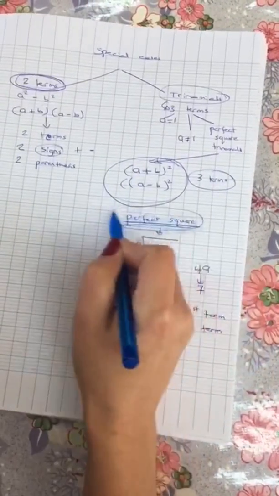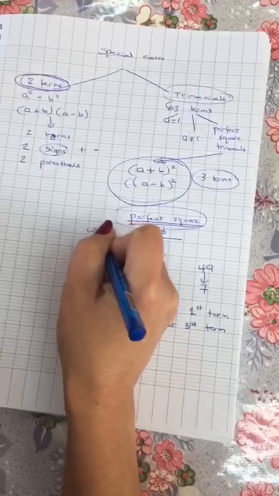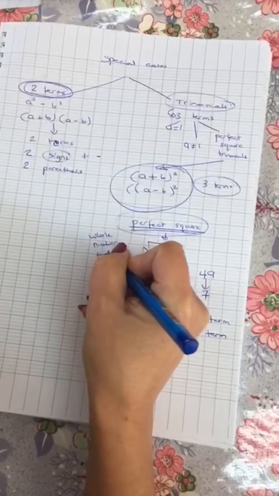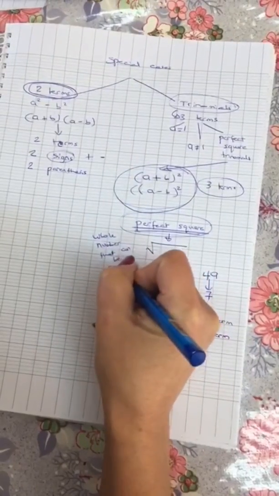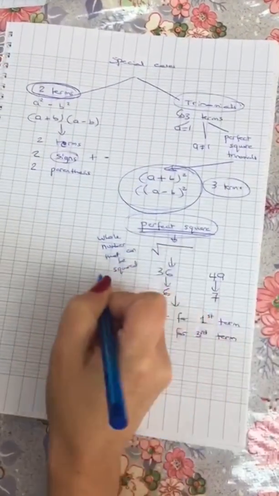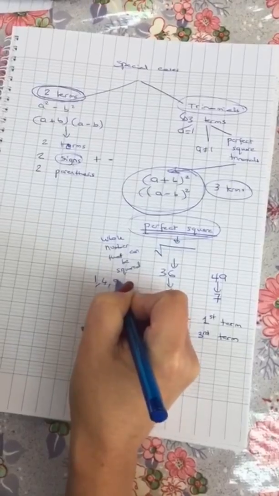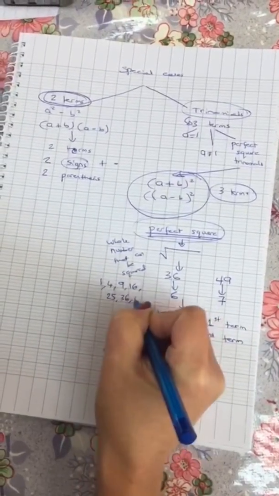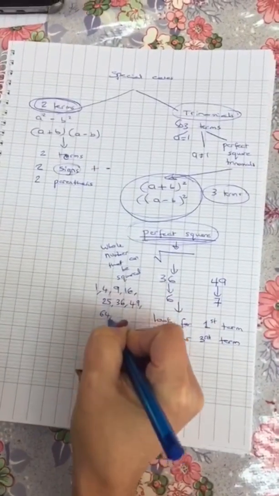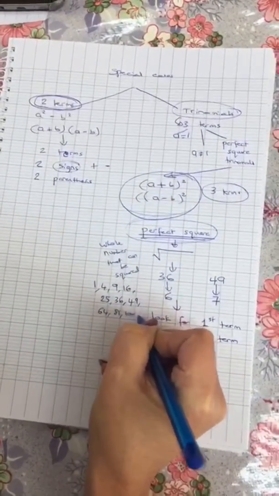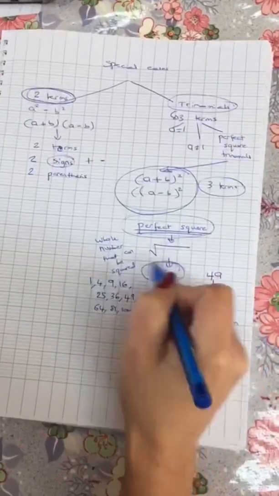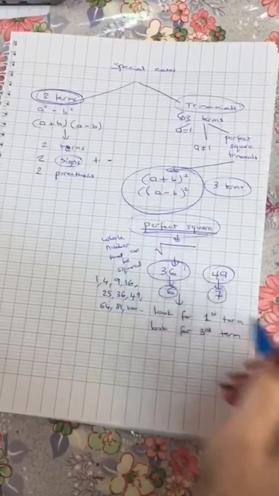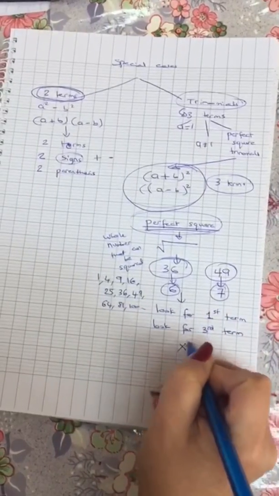What is a perfect square? It's a whole number that can be squared. Usually, the whole numbers are 1, 4, 9, 16, 25, 36, 49, 64, 81, 100, and so on. So 36, what's the radical of it? 6. 49, the radical of it is 7. What's the radical of x to the second power?